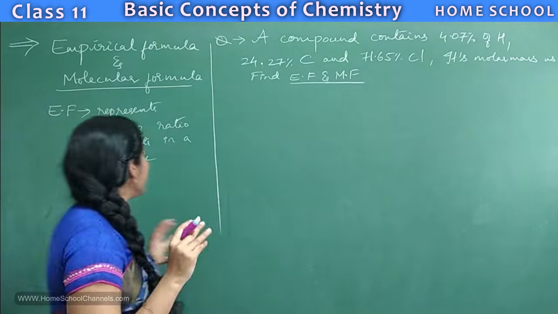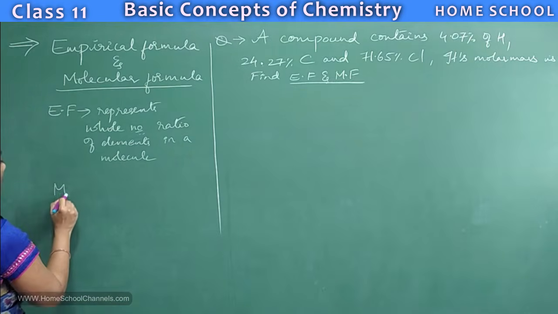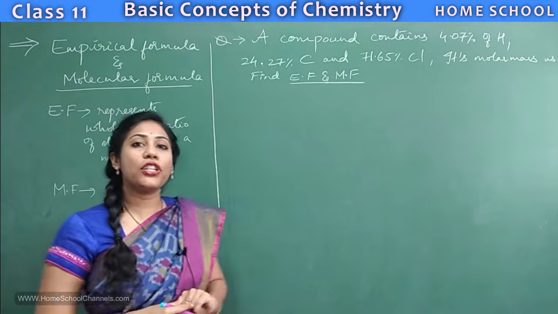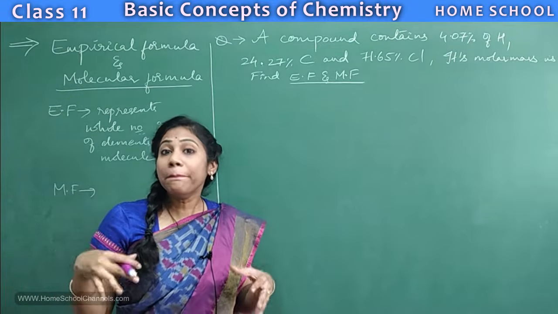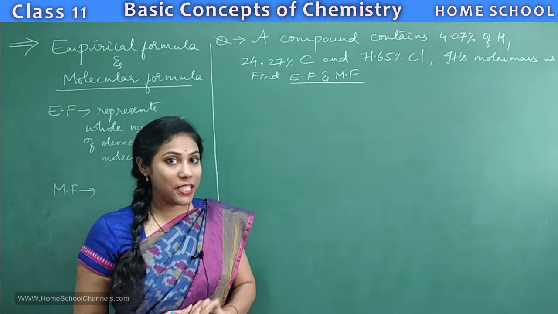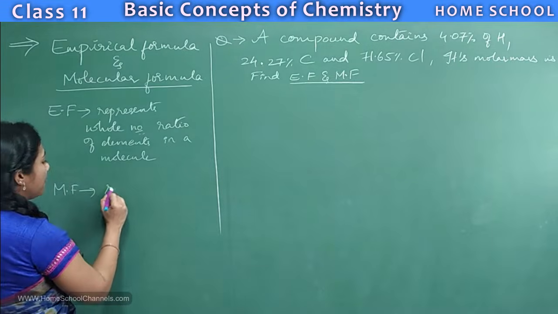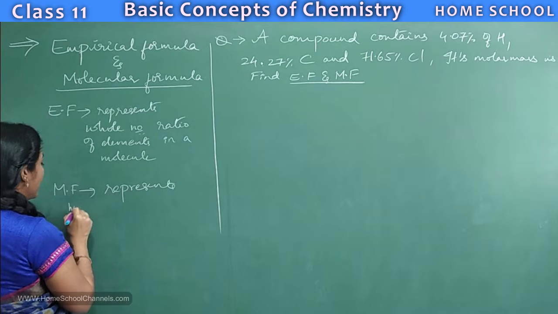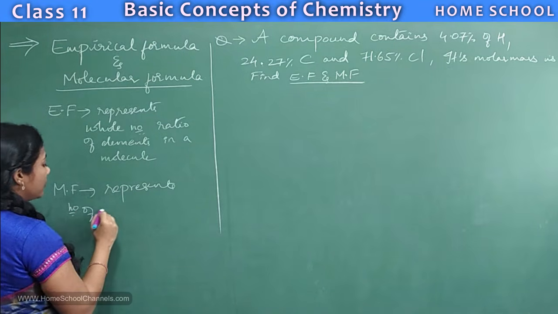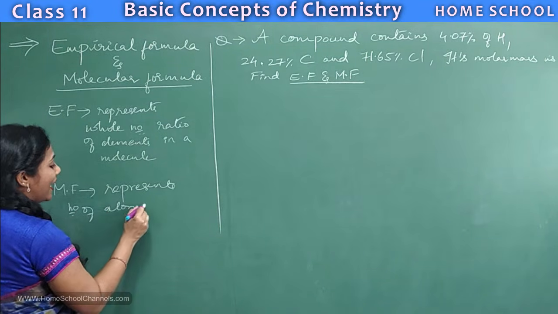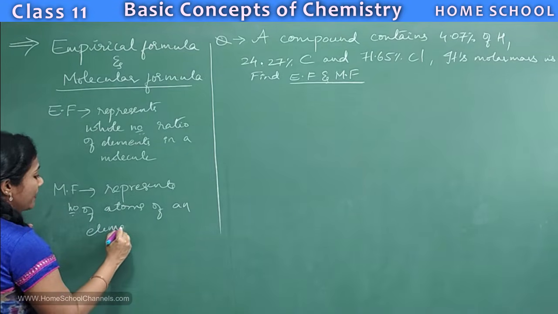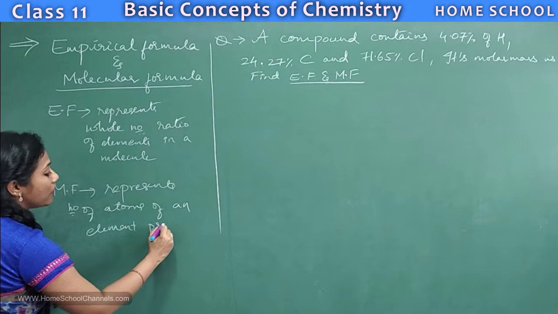Okay, and coming to molecular formula, it gives a detailed explanation about how many atoms of a particular element are present. So it represents the number of atoms of an element present in a formula.